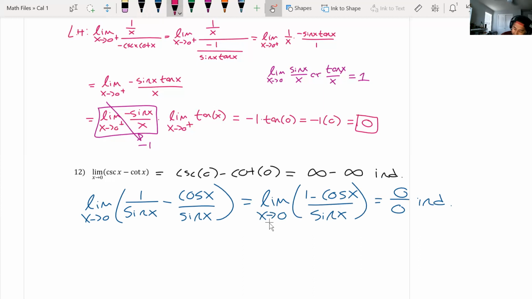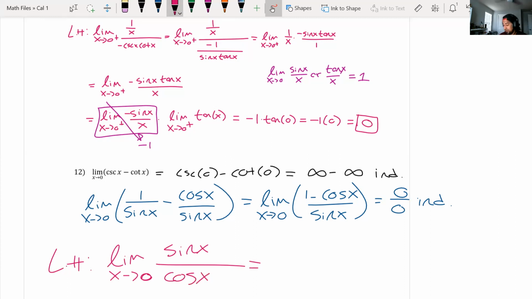Okay, so now this gets L'Hopital. And the limit as x approaches 0, what is the derivative of the numerator? Sine of x, good. Over the derivative of the denominator? Cosine x.